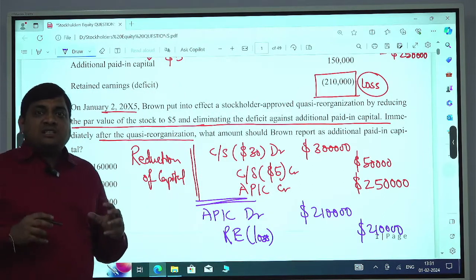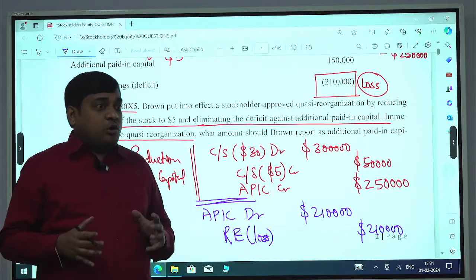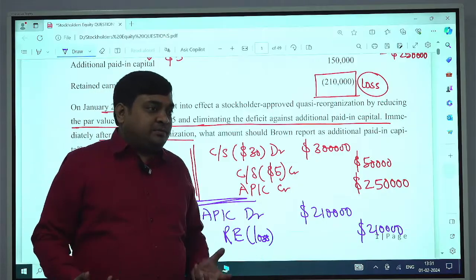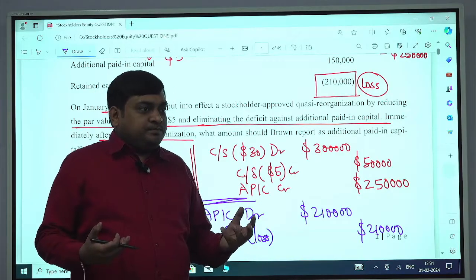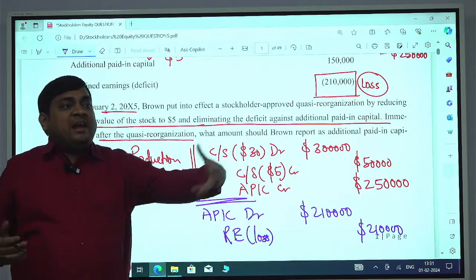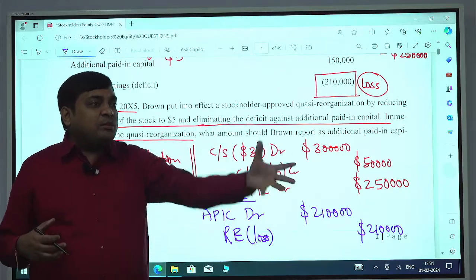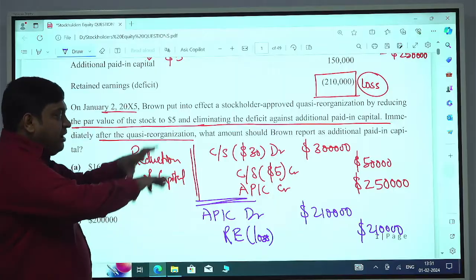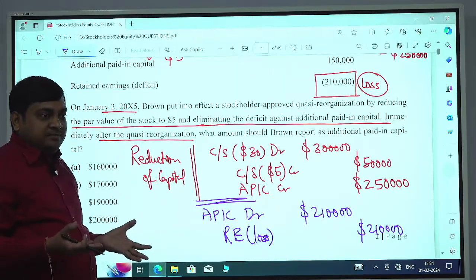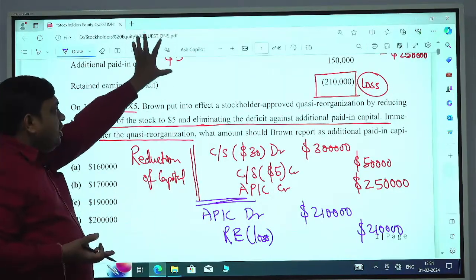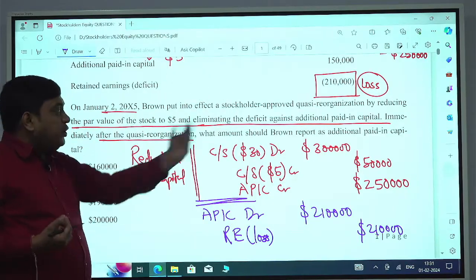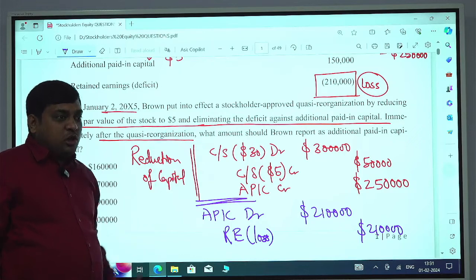Now this particular scheme requires proper approval of the court. The company simply cannot approach its shareholders and do it. Like in India, you need to apply to the High Court, and accordingly the High Court will approve this reconstruction scheme. Basically, you are restructuring your balance sheet. You're telling someone to waive, and you're using that benefit to reduce your loss.